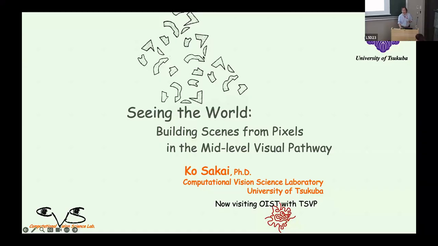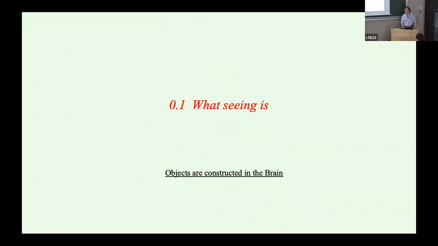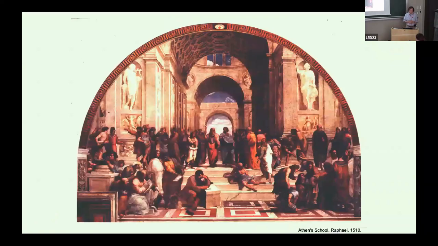And actually, this is what's happening in real daily life. In the real world, scenes are full of objects and many occlusions. Yet somehow we can see what they are. So today I'd like to talk about why we can do that. So let's begin with some old pictures. This is a famous painting by Raphael.